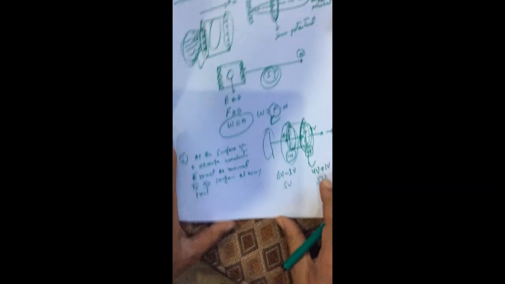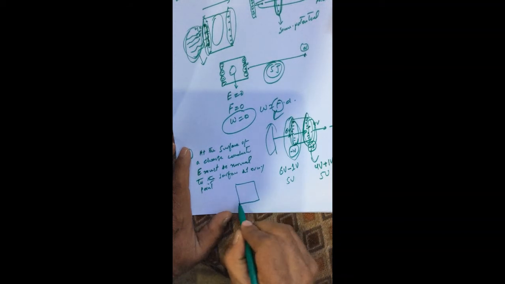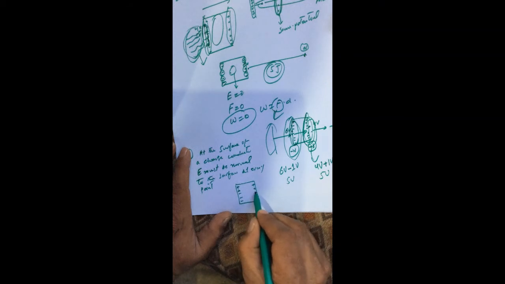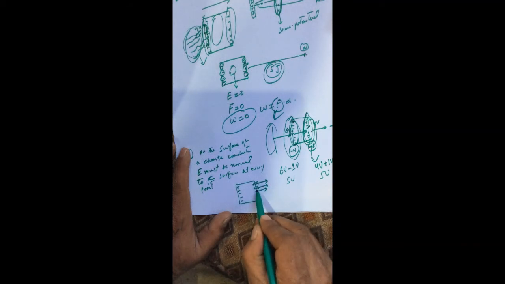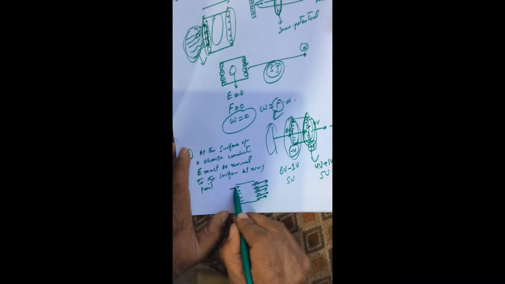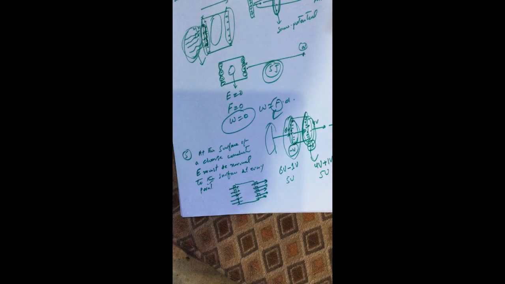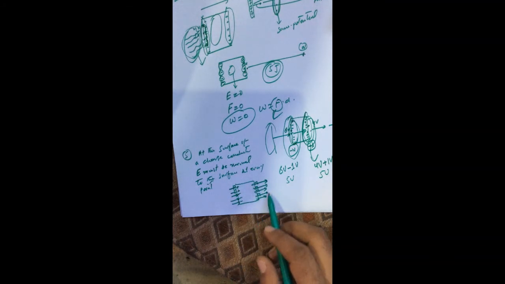It is also obvious because we know that charges are always induced on the surface, negative, negative, negative, positive, positive, positive. So the electric field is always normal to the surface, because in the interior we have no electric field. The interior is electric field free, while on the surface the electric field is normal to the surface.